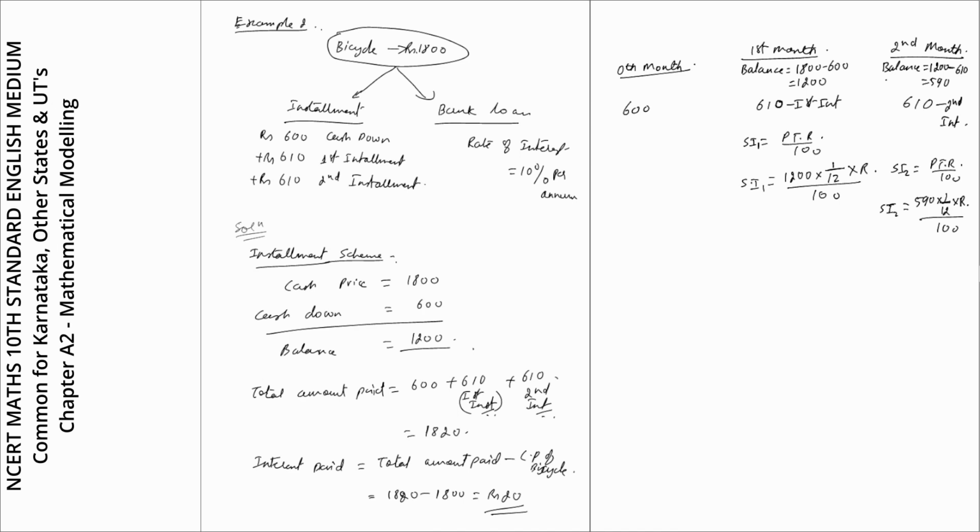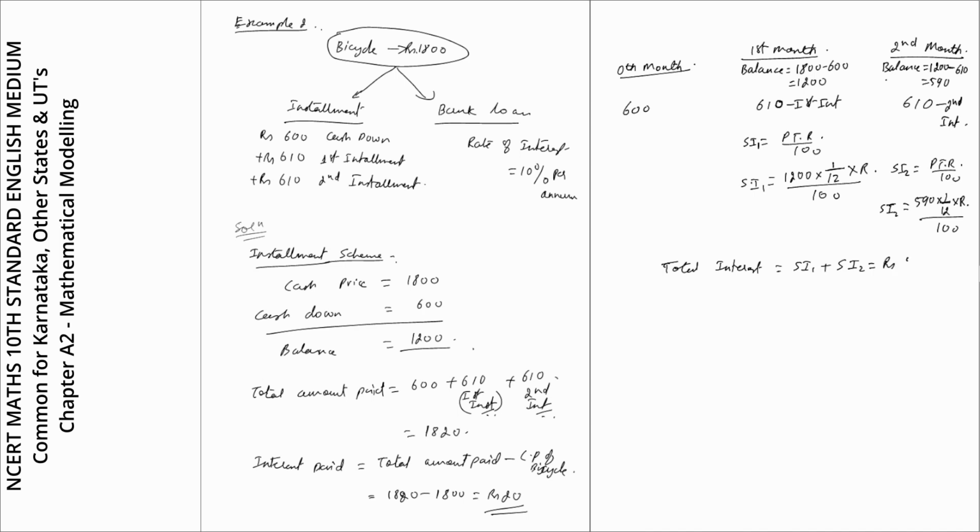Now what is total interest? Okay, total interest is equal to interest paid in the first month plus interest paid in the second month, and we know that total interest is also equal to rupees 20.